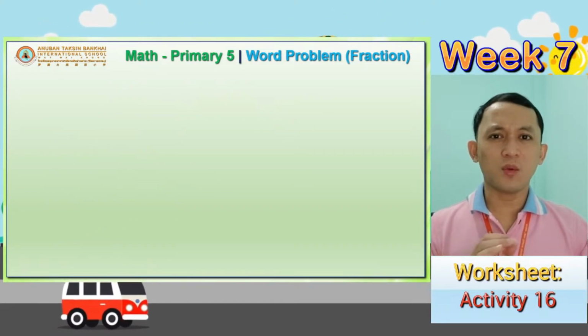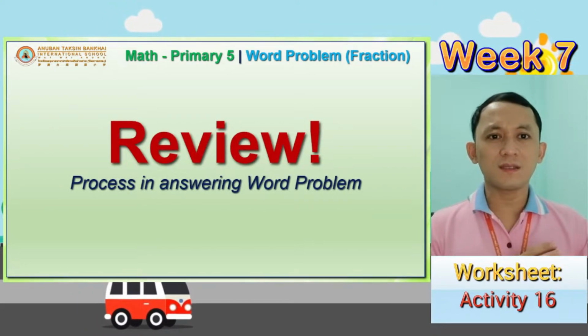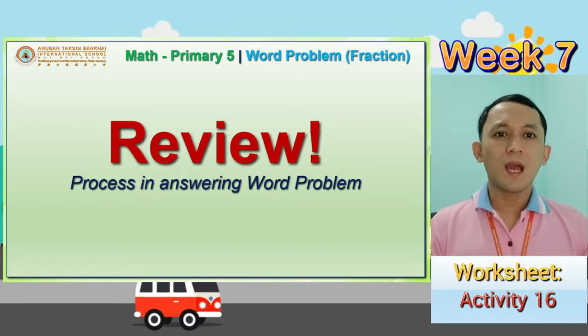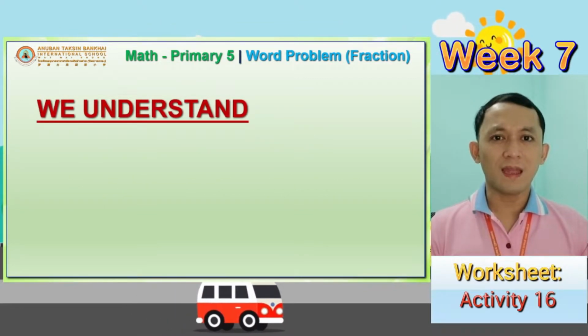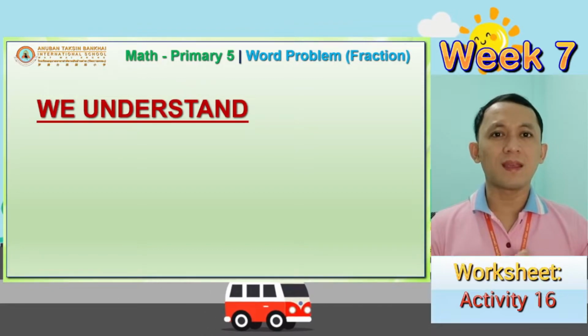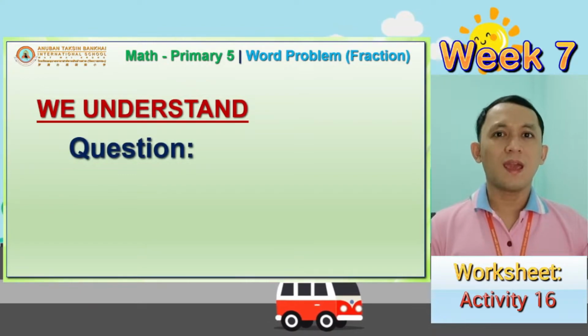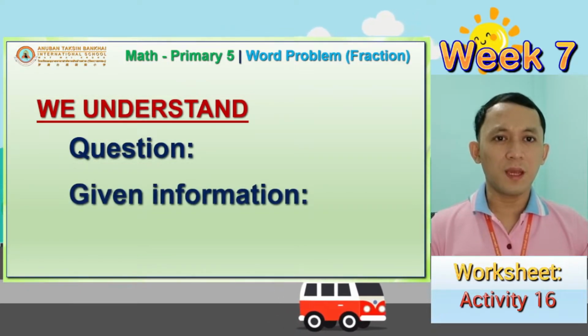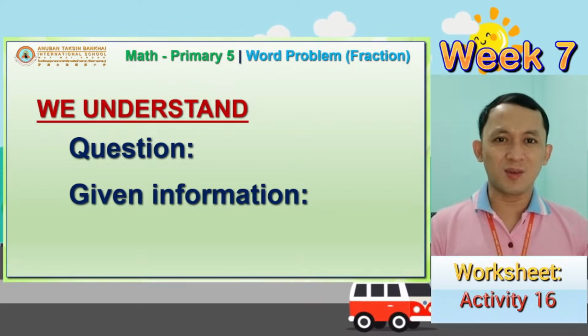So again, let's have a quick review. Yesterday, we already learned that we have 4 stages. The first stage is we understand. Here we are going to identify the question and the given information. Question meaning what is the reason why we are answering this problem?